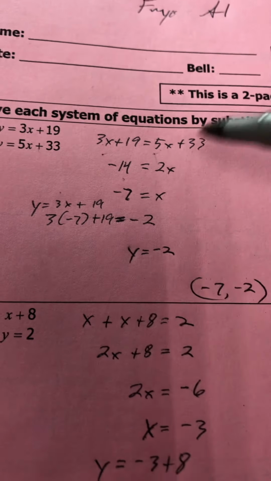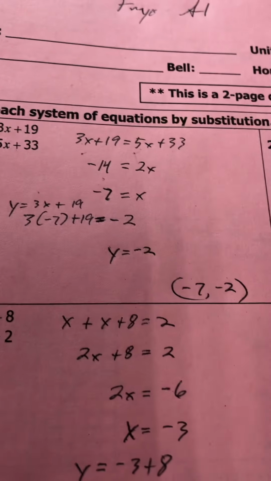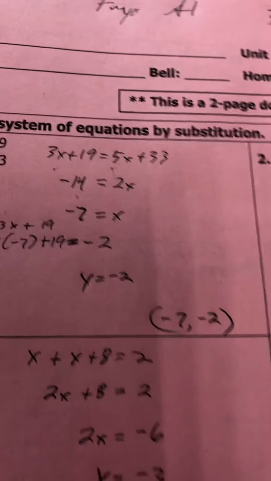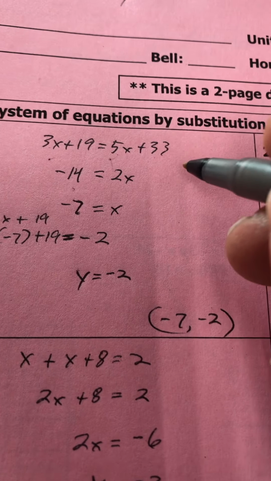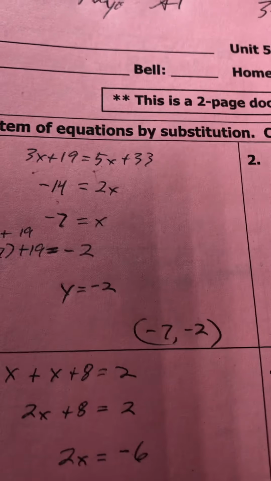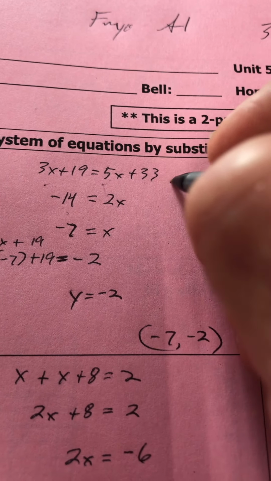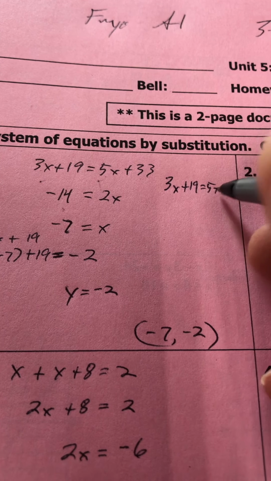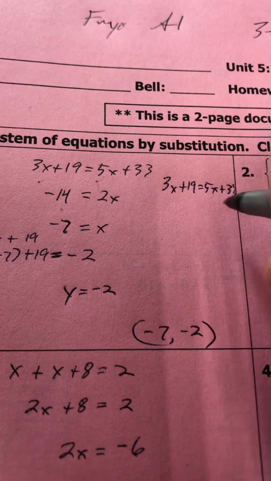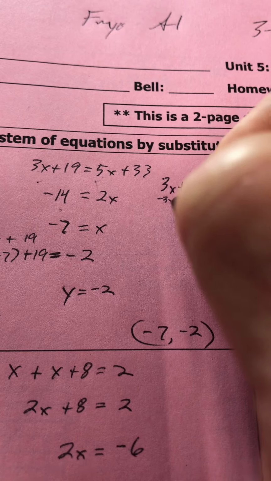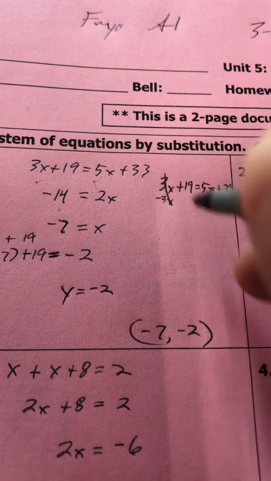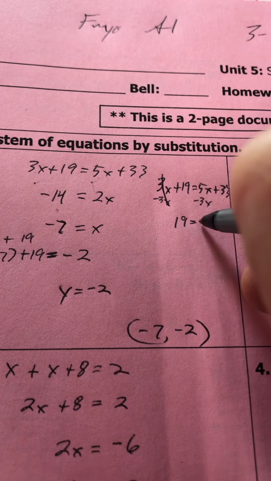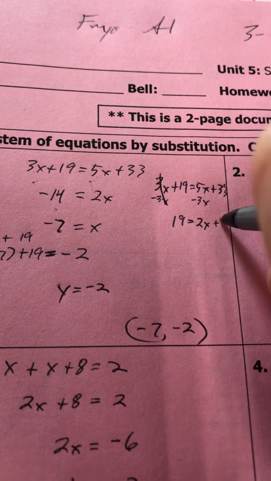In other words, each time I might not be showing each step, but let me show you just real quick. 3x plus 19 equals 5x plus 33. What I did was I subtracted 3x, these canceled out. I have 19 equals 2x plus 33.